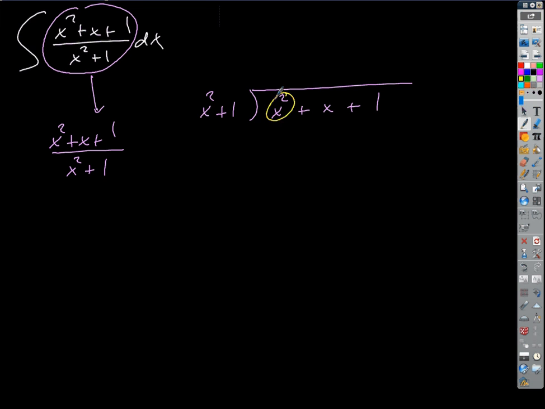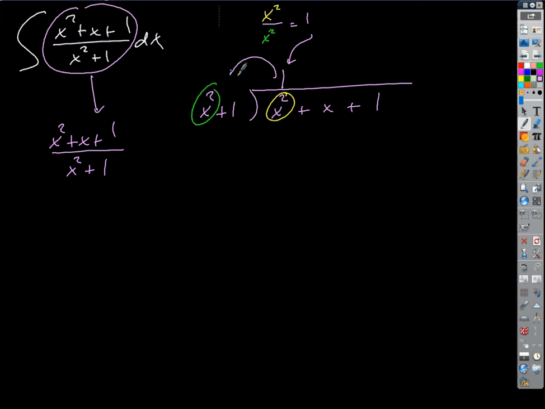So let's make this one yellow and this one green. Really, we're just answering the question, what's the leading term inside divided by the leading term outside? That's the first term in our answer, 1. Then we multiply and subtract like we do with regular long division with numbers.